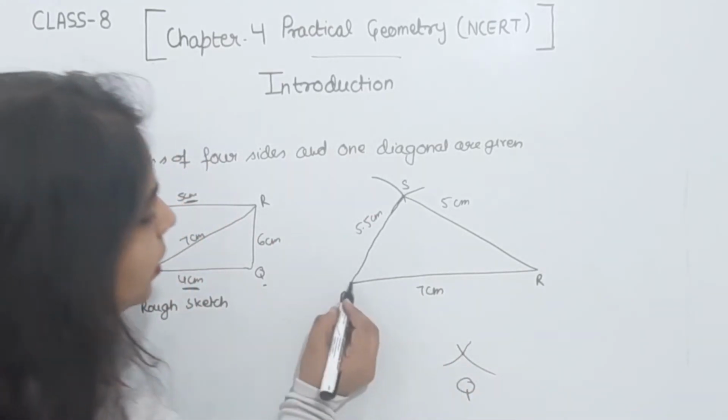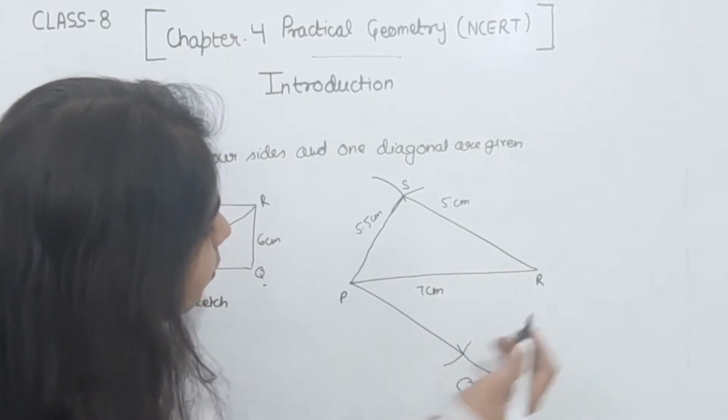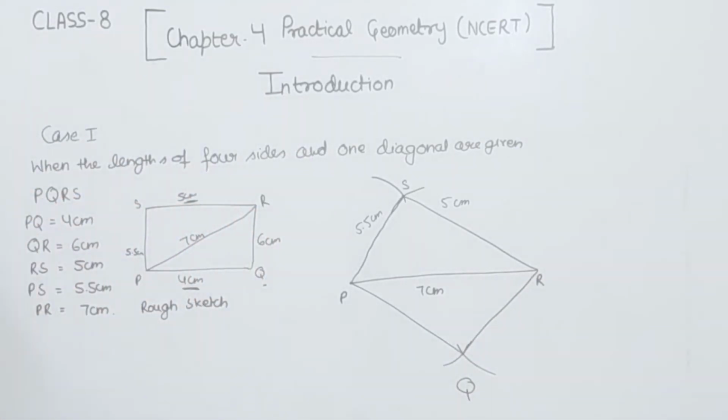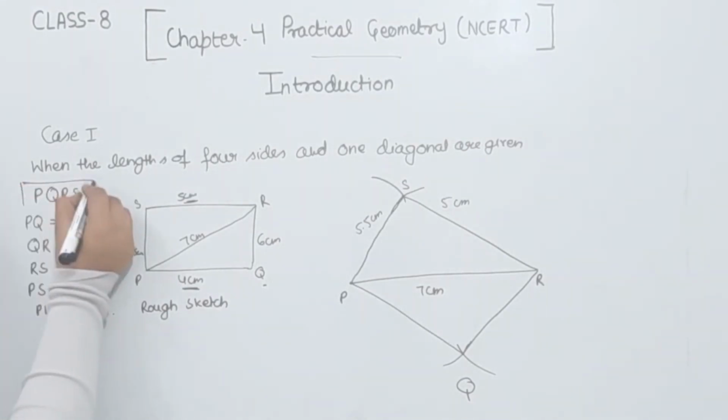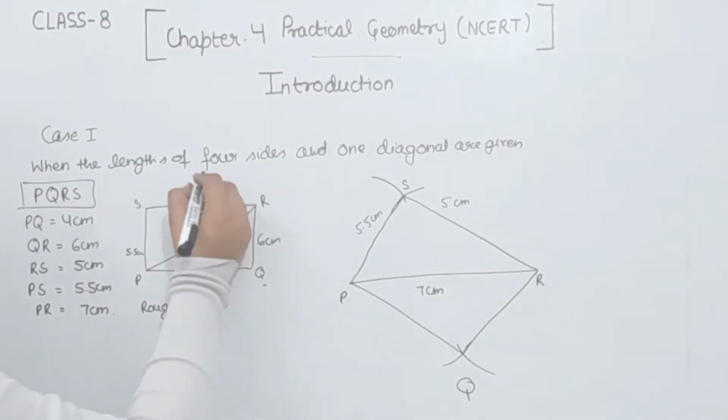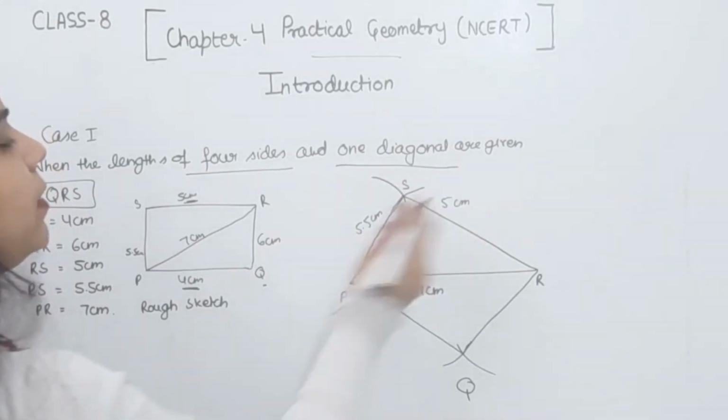This is the point Q. Now we are going to join P with Q and R with Q. Now this is the construction we are having. We have this PQRS quadrilateral with the given measurements. Now we have to write the steps also in the construction the way we have drawn it. So we will write the construction steps also in the construction questions. So this is the case 1, in which we are having 4 sides and 1 diagonal.